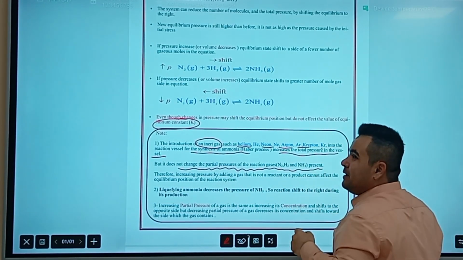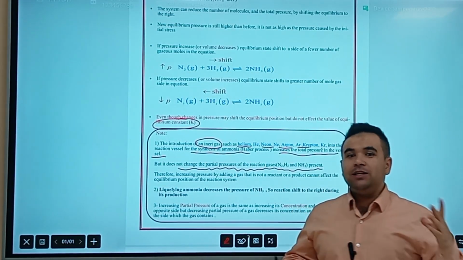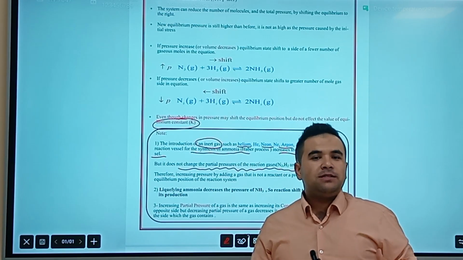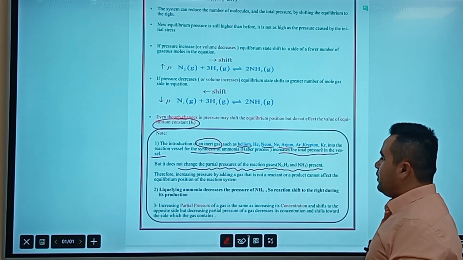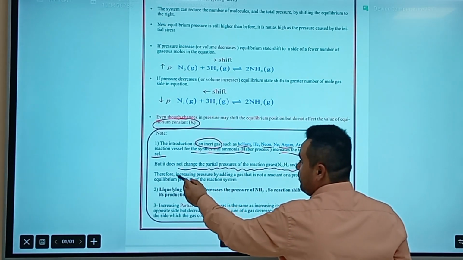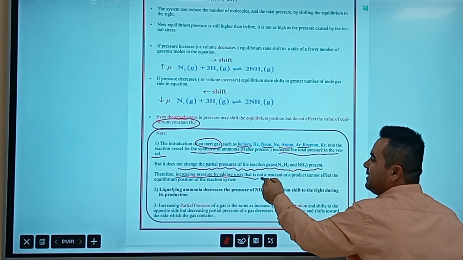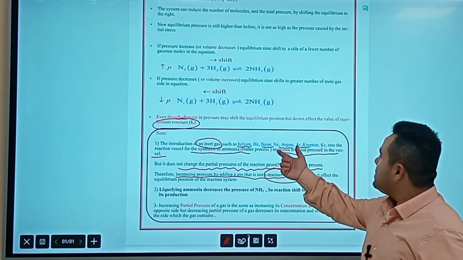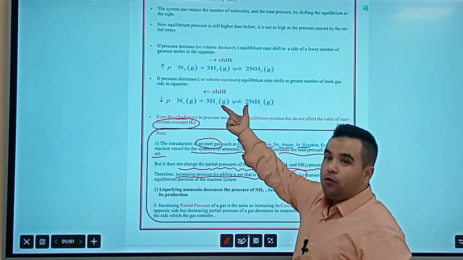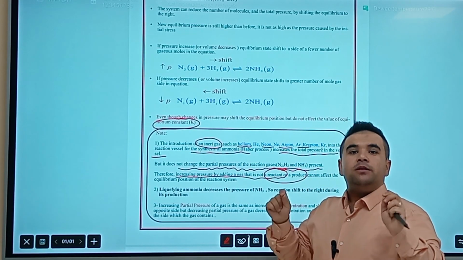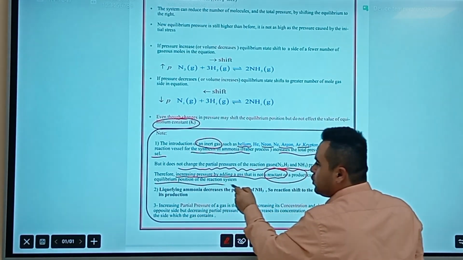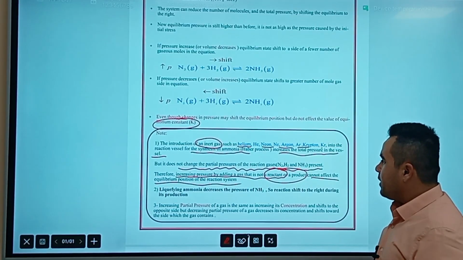So addition of inert gases to the system does not shift the equilibrium position. Increasing pressure by adding a gas that is not a reactant or product, not part of the above system, cannot affect the equilibrium position of the reaction system.